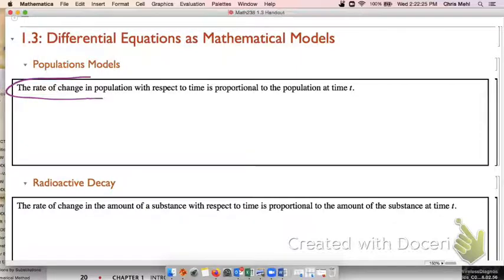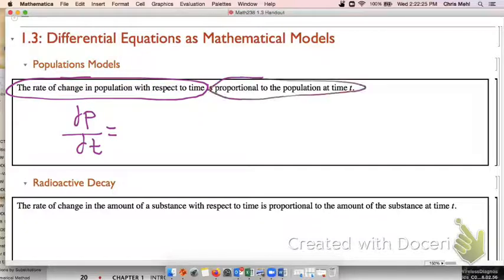Okay, so for instance, with a lot of population models, you might have this happening. Now, if you look at the left, it says the rate of change in population with respect to time would be, say, dP/dt or P prime. To say that is proportional to the population at time t. When you are proportional to something, or more specifically directly proportional to something, it just means that you are a multiple of that something.